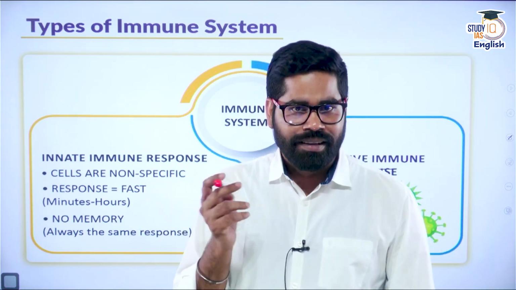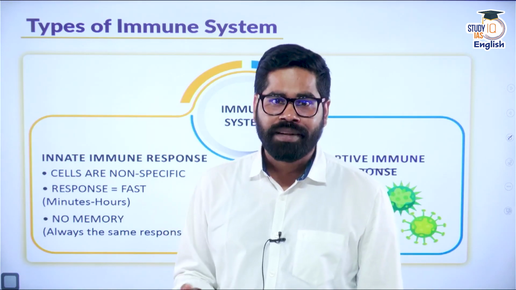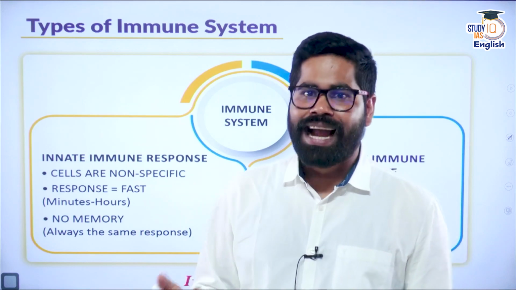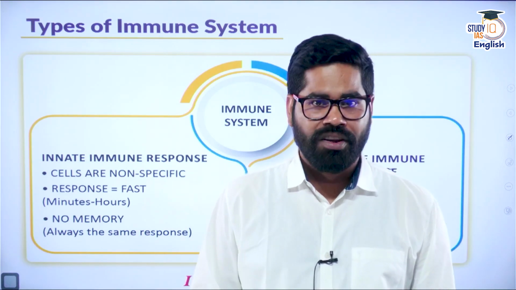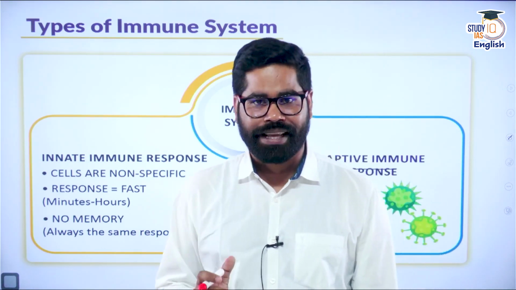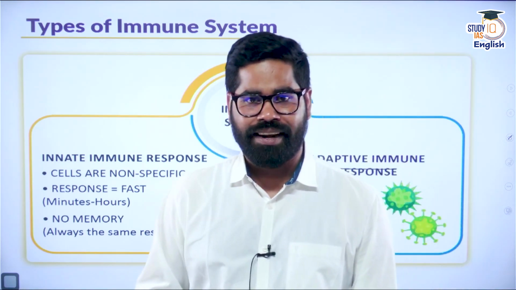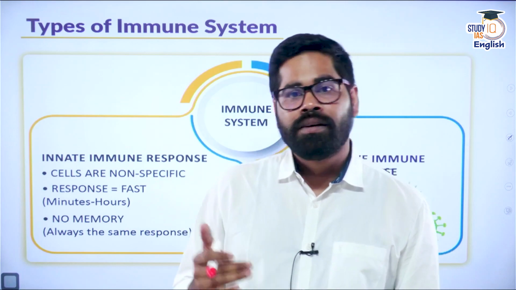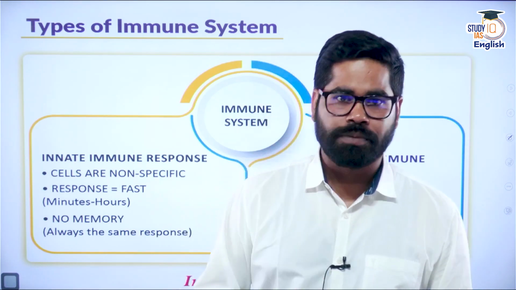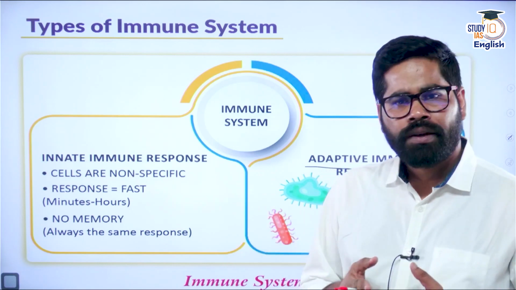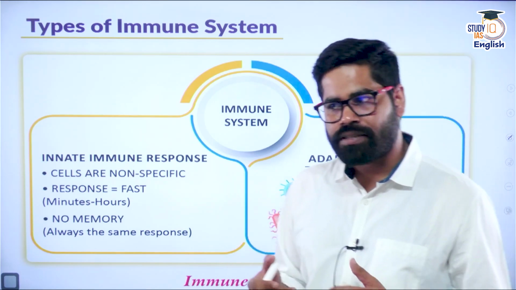Because there is a special protection mechanism in the form of the skin of our body. So the skin acts as a defensive guard of the different organs of our body. The hairs or the mucus in the nostrils are also part of the innate immune response.